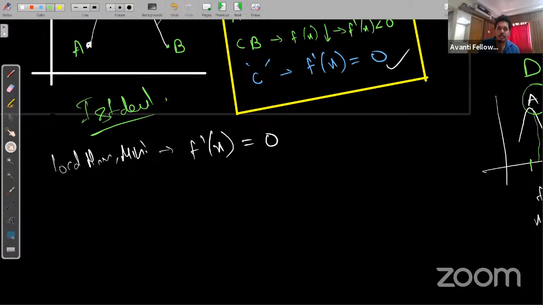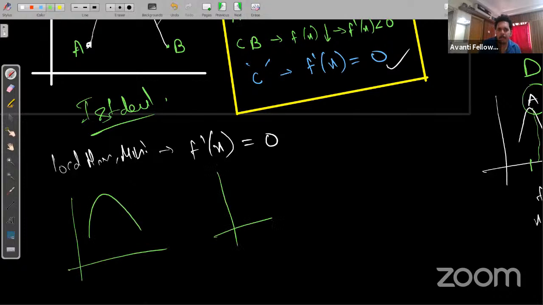Very good, Naveen. Your answer is exactly correct. So for this, scientists have given us two things, first derivative and second derivative. First derivative, simple logic: this is maxima and this is minima.